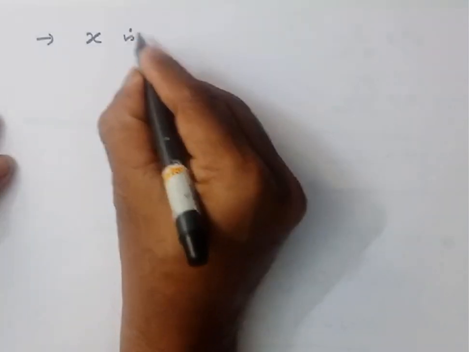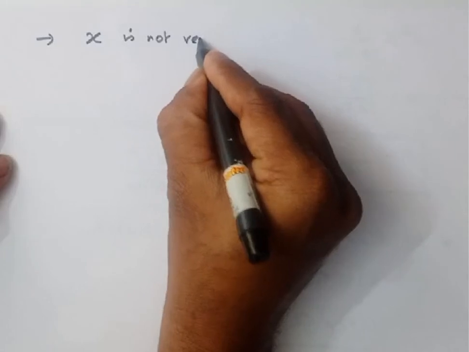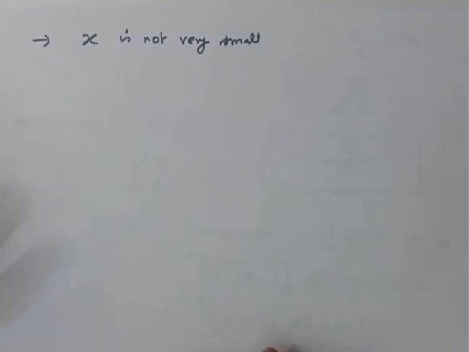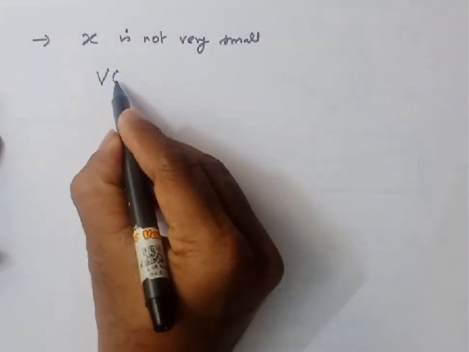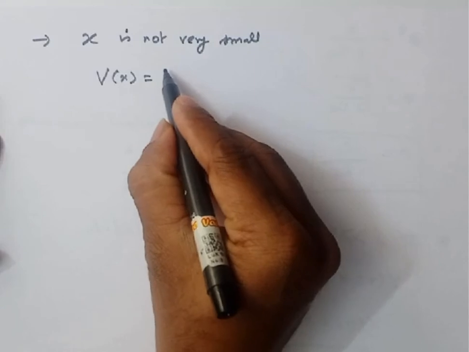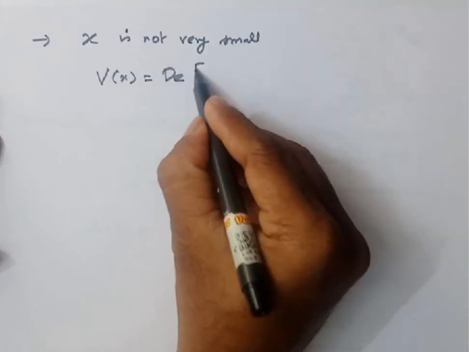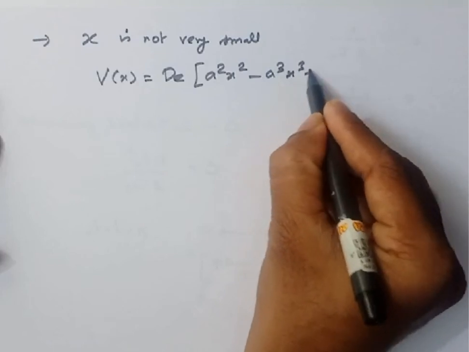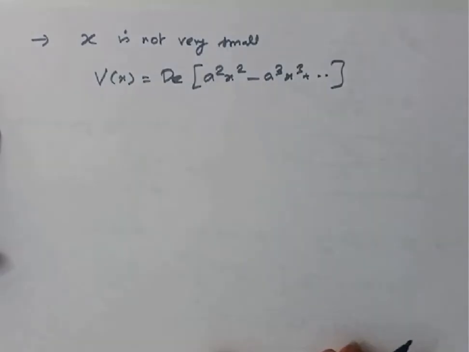If x is not very small, it is somewhat a higher value, in this case potential energy V of x should be given as D_e into (a square x square minus a cube x cube plus etc.). This equation you have to use.